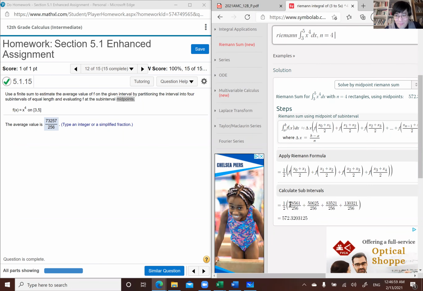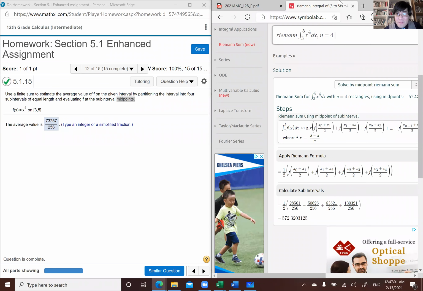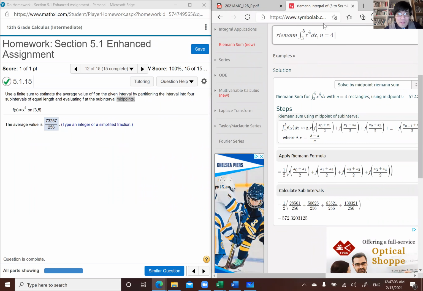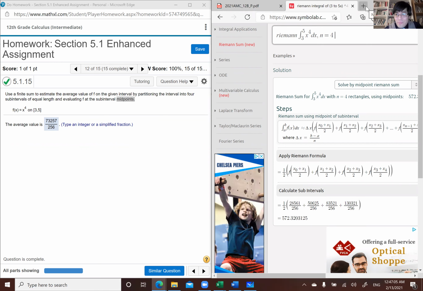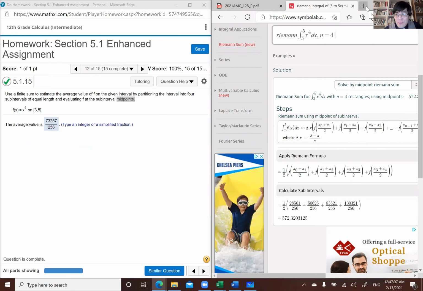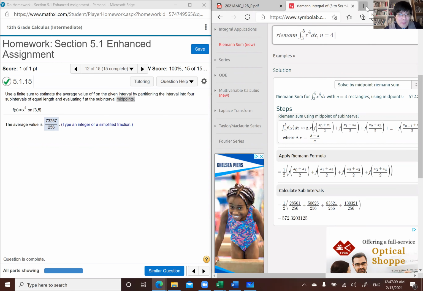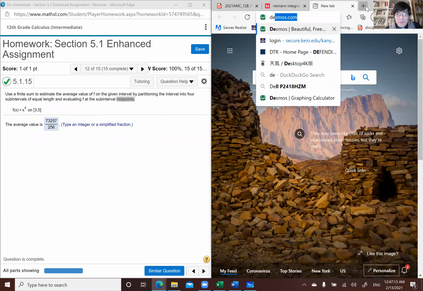Well, anyway, let's use Desmos to do the computation.